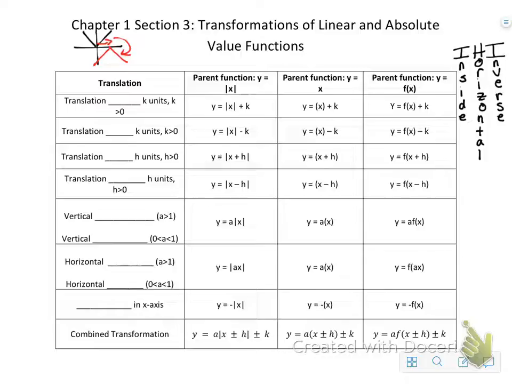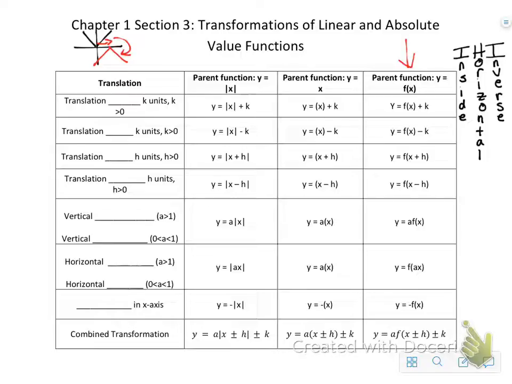Now, whenever you have a parent function, you can always look at the parentheses. So we think of this column on the right, because that's the basic function. No matter what function you plug in, f of x is your parentheses, or it's your absolute value bars. If it's inside of that, it's inside the absolute value.